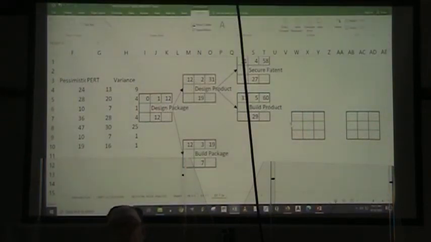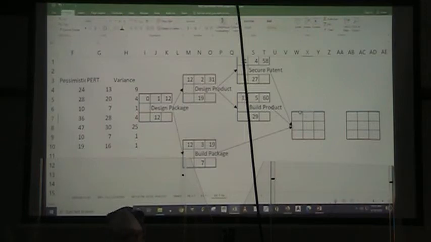All right, so 3 goes into 6. Excuse me, 4 goes into 6. 5 goes into 6. And 3 goes into 6. All right.